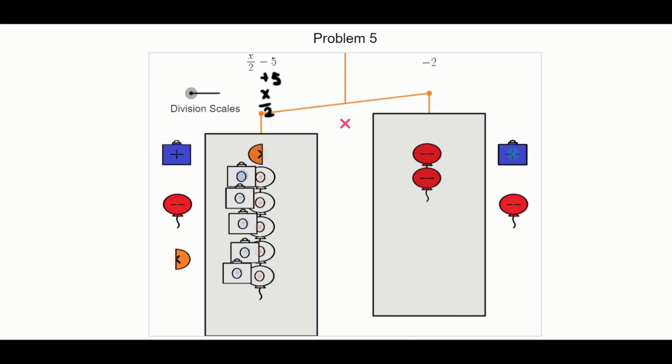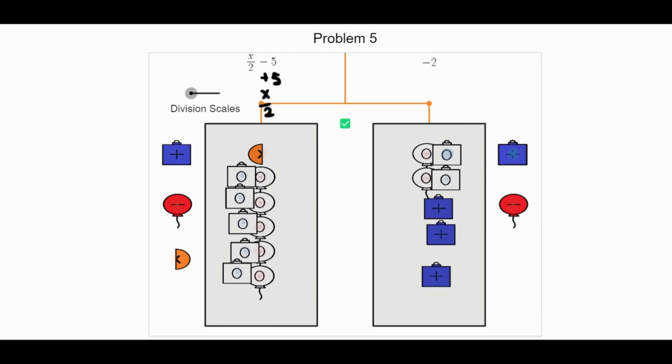Right now our scales aren't balanced, so let's go ahead and add 5 to the other side. So after adding plus 5, we notice that the negative 2 and the 5 canceled out, leaving us with 3 tiles left over. So we know that half of x equals 3.